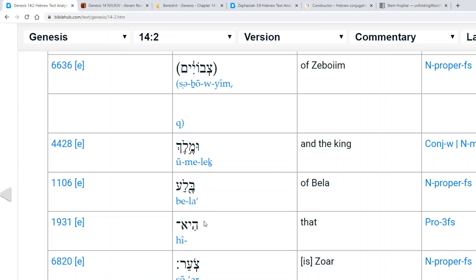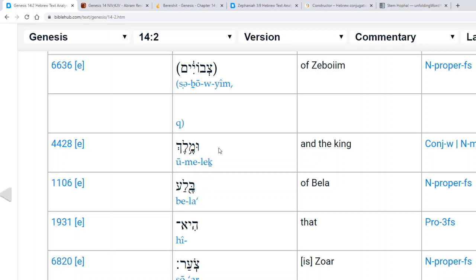So the pronoun he is sometimes used as a substitution for the verb to be in Hebrew, which we don't have. We don't have a present tense of the word to be. So Bela he Tzor.